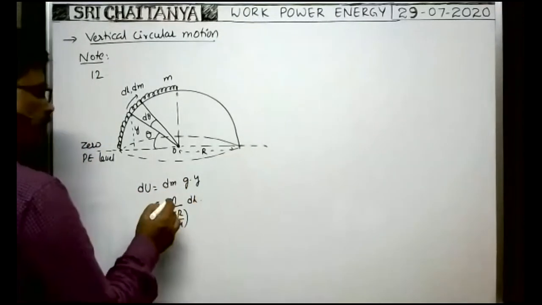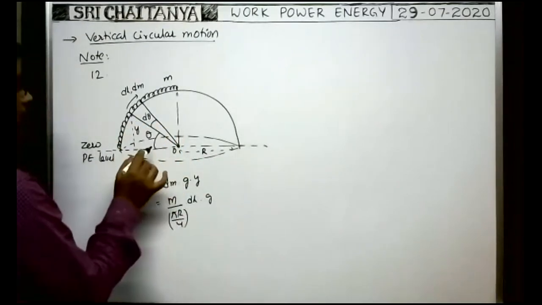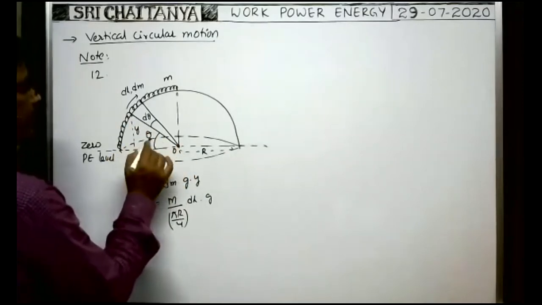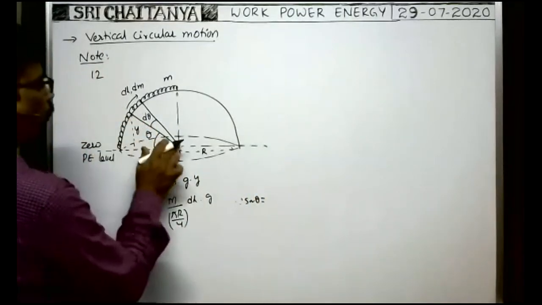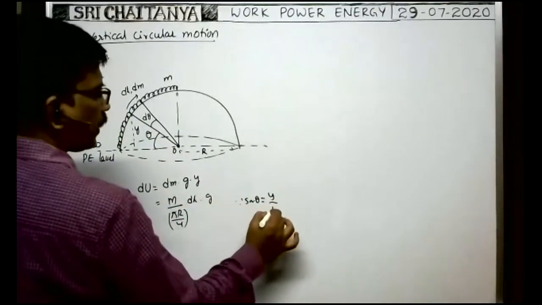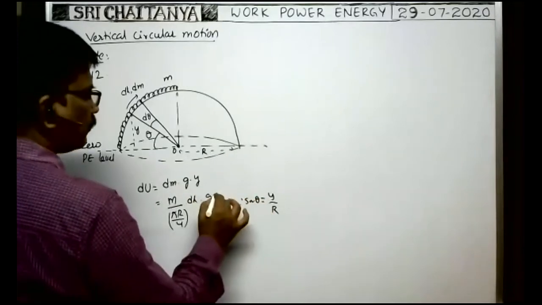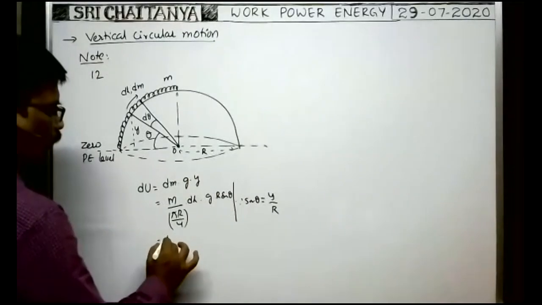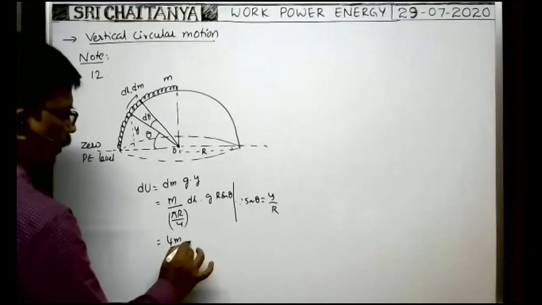Okay, into g into the height of this element. Height is not known, but radius r is known. From this right angle triangle you take sine theta. Sine theta is equal to opposite by hypotenuse, opposite is y by hypotenuse, which is equal to the radius of the hemispherical surface. So y can be written as r sine theta. This is equal to 4m by pi r into dl.